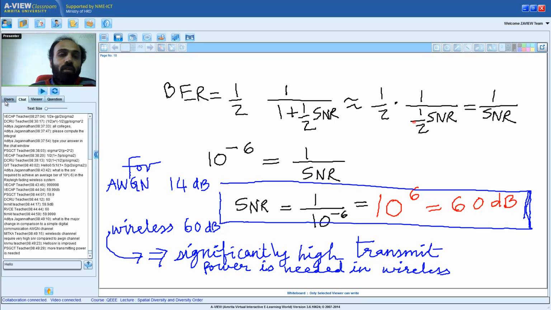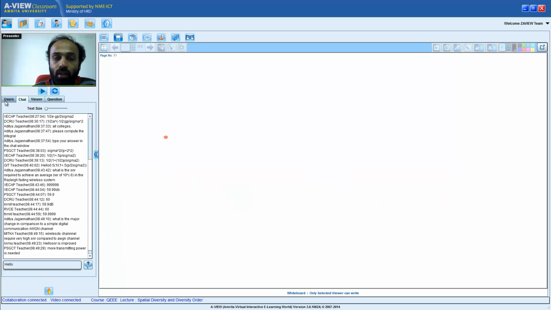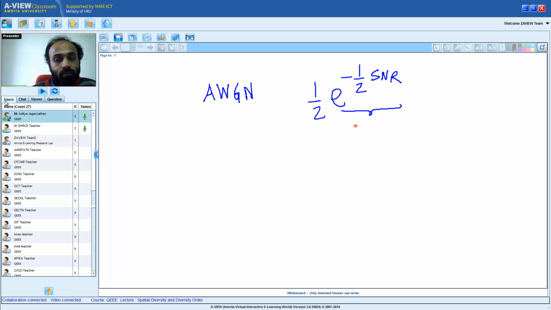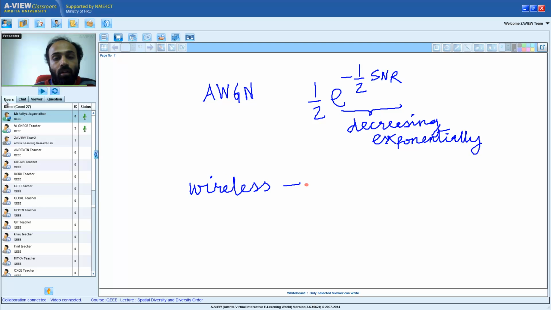And that arises because in an AWGN channel, the bit error rate is decreasing as half e to the power of minus half SNR. It is decreasing exponentially. But in a wireless communication system, it is 1 over SNR.